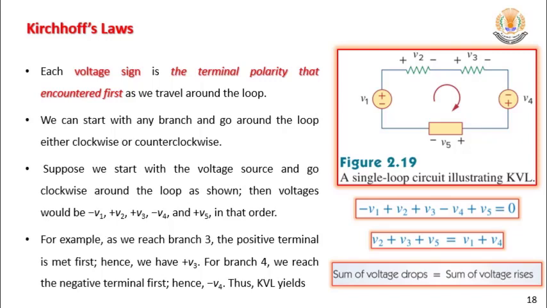This means the sum of the voltage rises coming from sources equals the sum of the voltage drops. Voltage drops need components, resistors, but here sources. So the sum of the voltage rises equals the sum of the voltage drops.